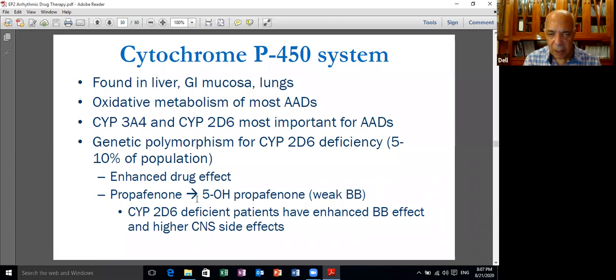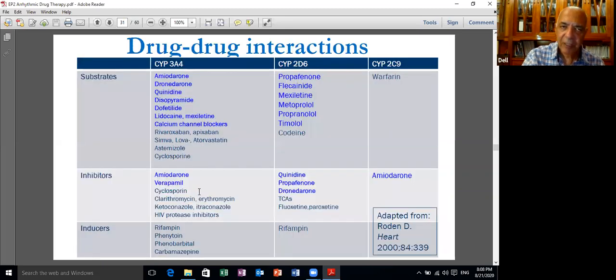But more importantly, you get a less desirable effect of the drug, because you are preventing the transformation of Rythmonorm or propafenone into the active metabolite, 5-hydroxypropafenone. So it's very important to realize this situation in these patients, not by genetic studies, but by observing the patient, the desirable effect and the beta blocking effect.